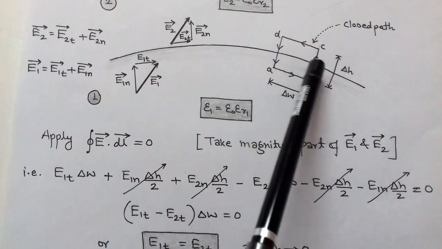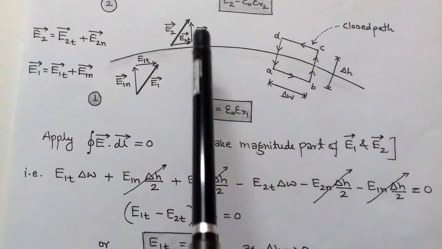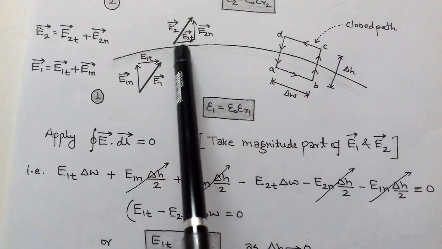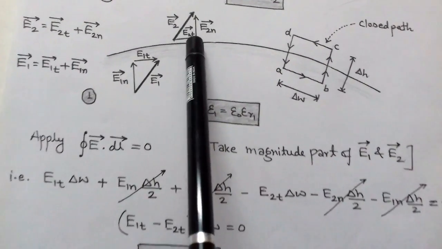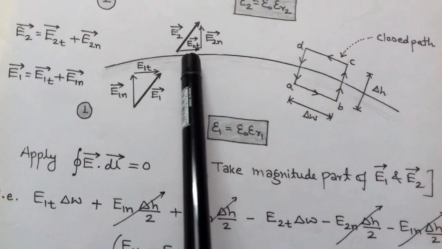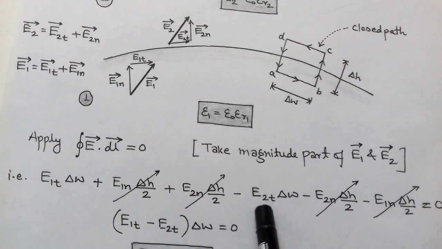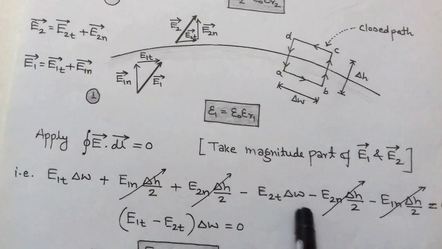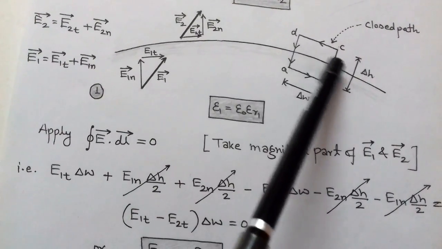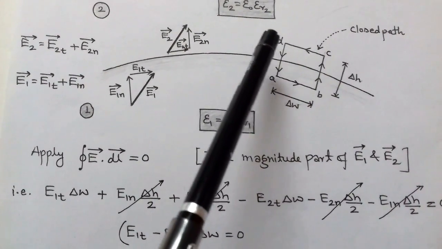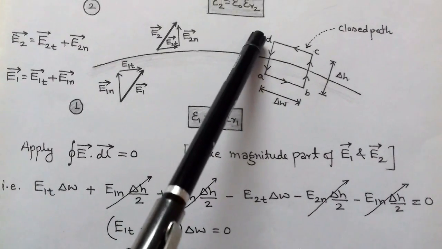Now the third path, that is CD path. Here we see that the CD path has a direction opposite to the tangential component of E2. So here we take a minus E2t delta W. Delta W is the width, that is the length of this path.